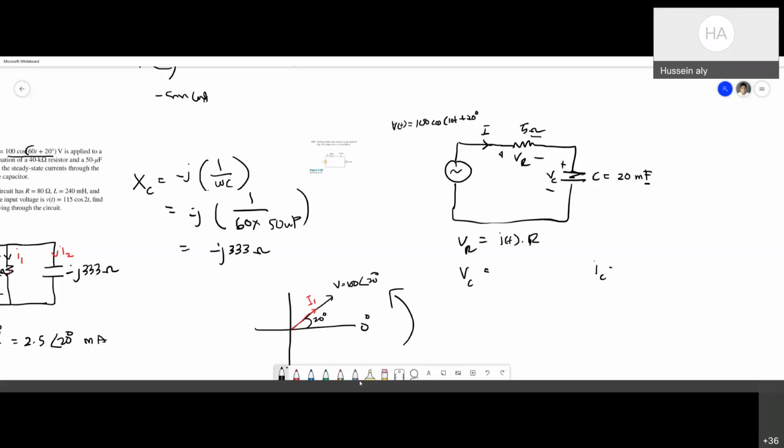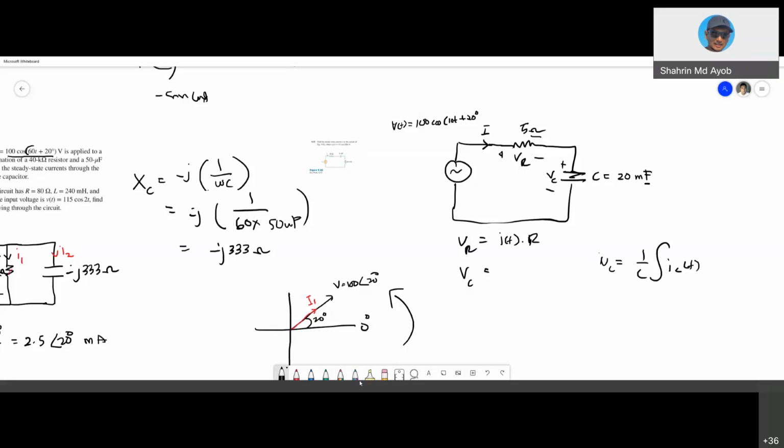Still, we don't know. The voltage across the capacitor is 1 over C times the integration of IC dt.